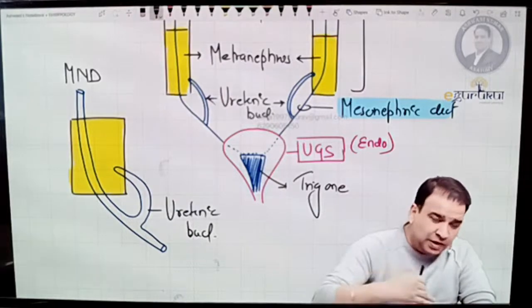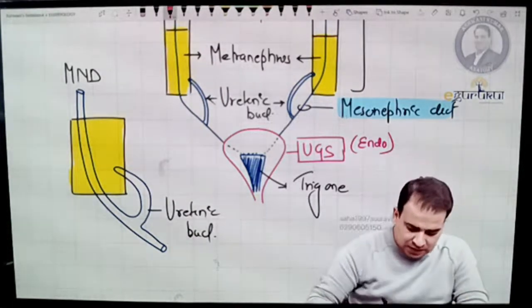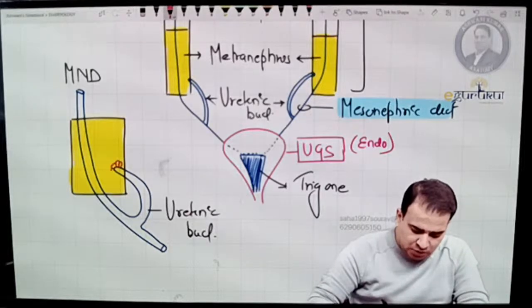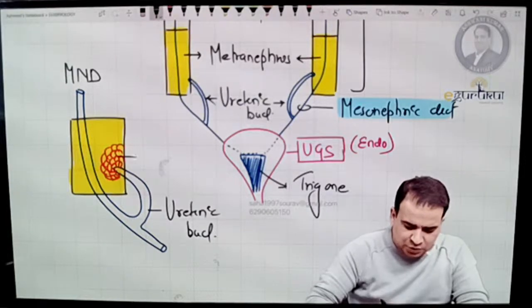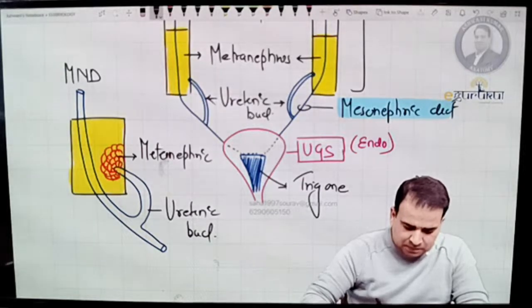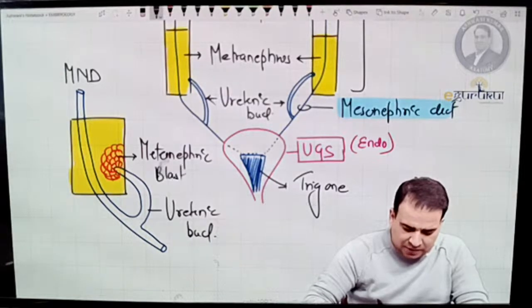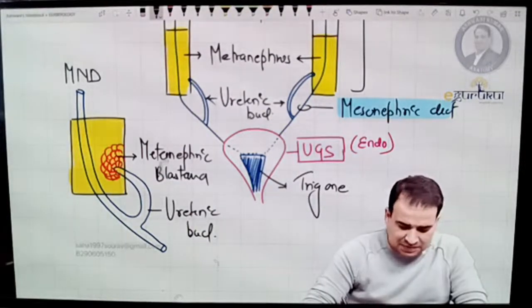And once this ureteric bud invades the metanephros, the metanephric tissue present around this ureteric bud starts proliferating. And this proliferating metanephric tissue, guys, is called the metanephric blastema.